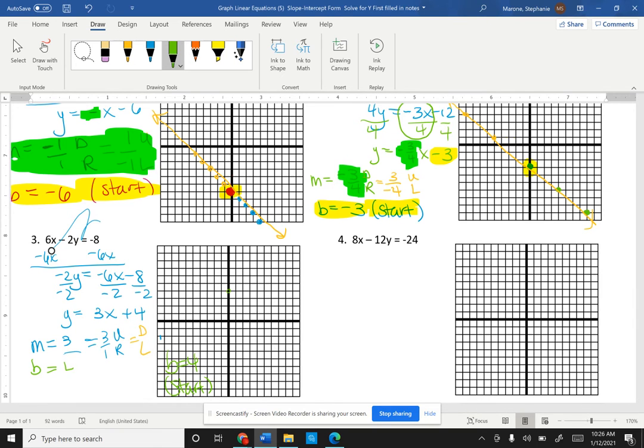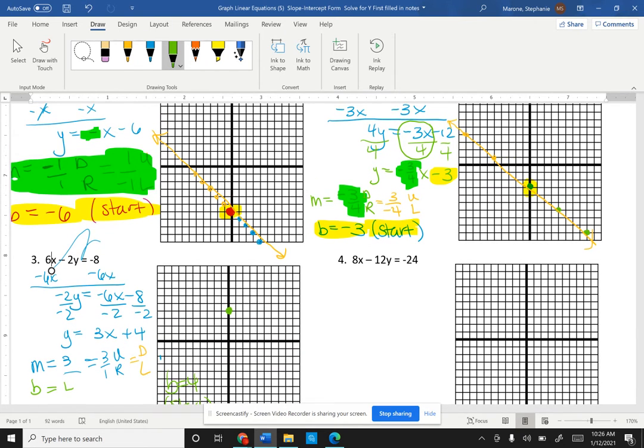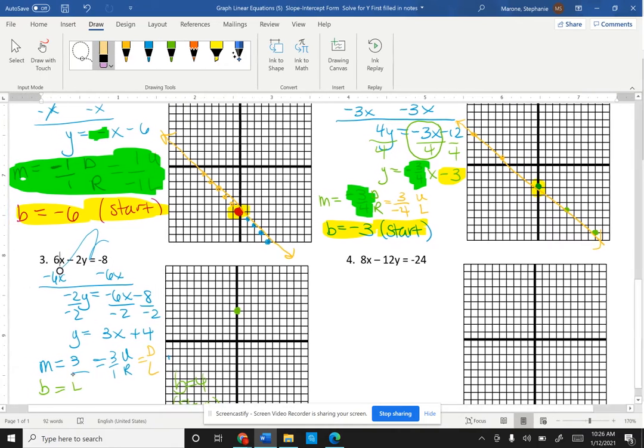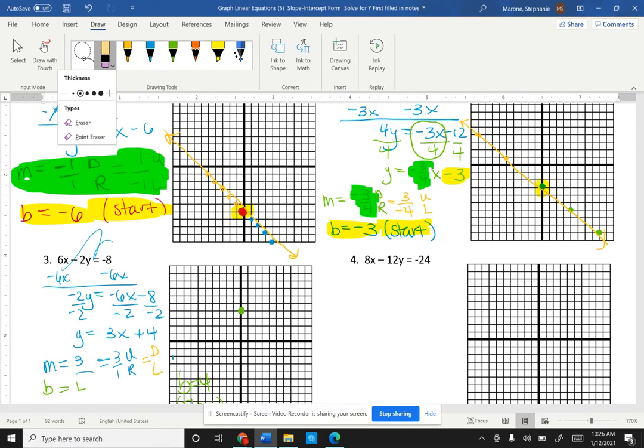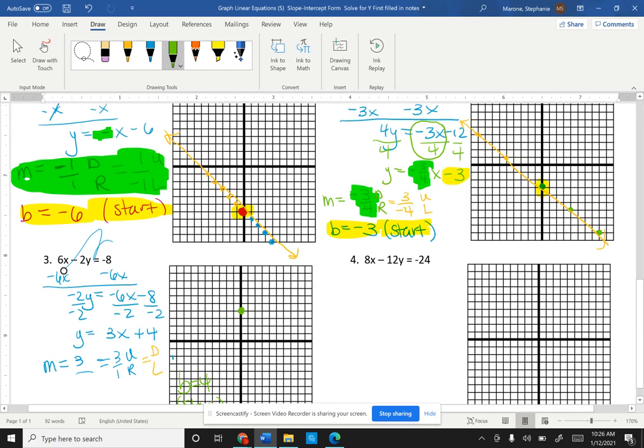So we're going to start on the y-axis at 4, and then with the slope, I'm going to go up 3 and to the right 1. And I can do that again, up 3 to the right 1. Or I can go down 3 and to the left 1, down 3 and to the left 1.